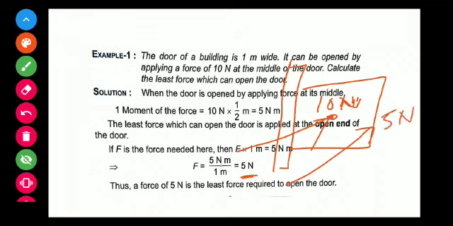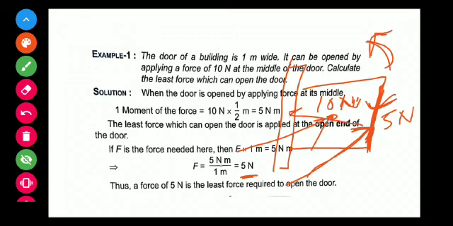It means if we apply a force at the edge, we require less force to produce the same turn. That's why handles are provided at the edge of the door, because when we apply a force at the edge of the door, we require less force to produce the same turn, and if we move towards the axis, we require greater force.